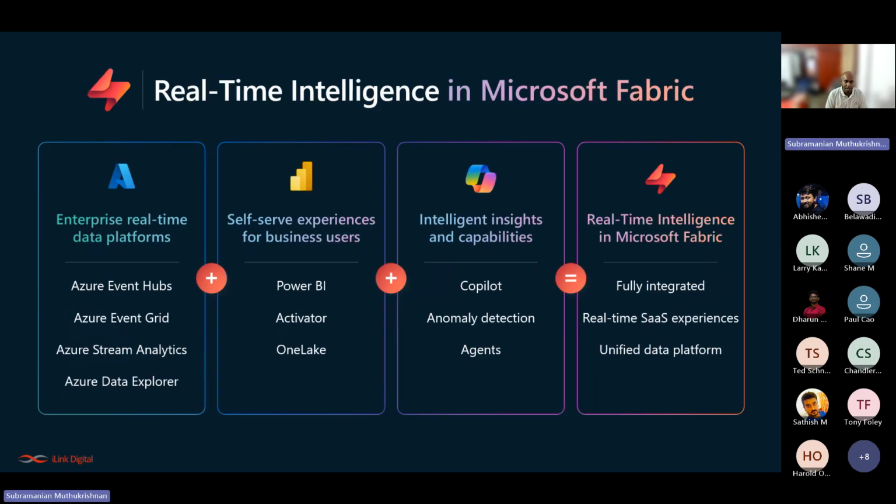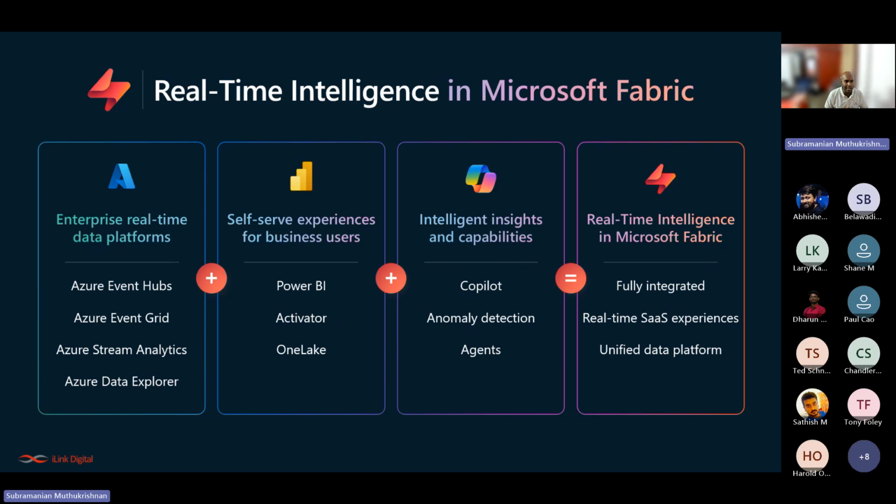So when we think about real-time intelligence on Microsoft Fabric, it brings together the proven scale, reliability, and compliance of Microsoft Azure data platforms with a no-code, low-code experience for business users and business analysts. We look at four different elements here.